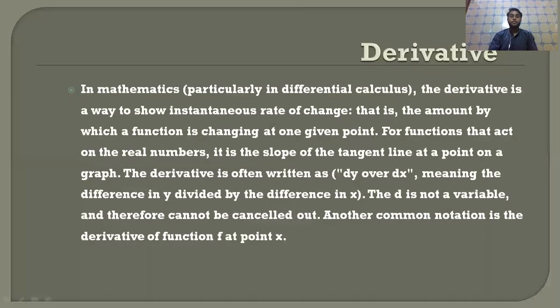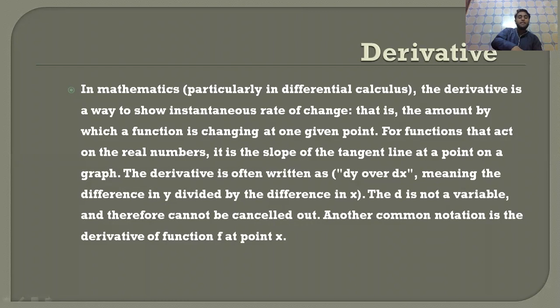Derivative. In mathematics, particularly in differential calculus, the derivative is a way to show the instantaneous rate of change, that is, the amount by which a function is changing at one given point. For a function that acts on real numbers, it is the slope of the tangent line at a point on its graph.